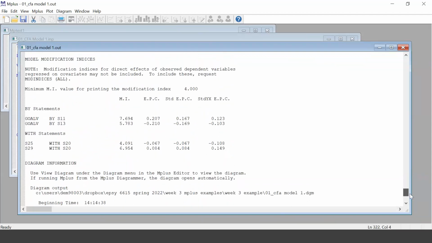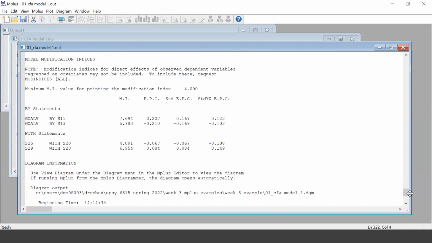But now remember, the modification indices tell me how much the chi-square would drop if I were to freely estimate a parameter that's currently constrained. So if we look at our modification indices, we can see that there are 2 modification indices for BY statements.